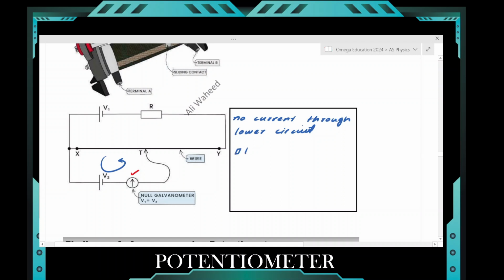So your galvanometer would now be known as in balanced state, or the galvanometer is balanced. They'll simply say the galvanometer is balanced. It means no current is flowing through the galvanometer. Oh, sorry, not the galvanometer. They'll say the potentiometer is balanced. And they can also say the galvanometer is balanced, meaning no current is flowing through it.